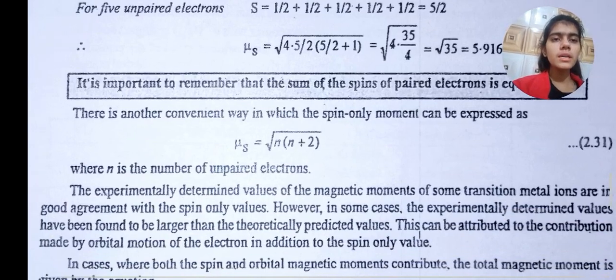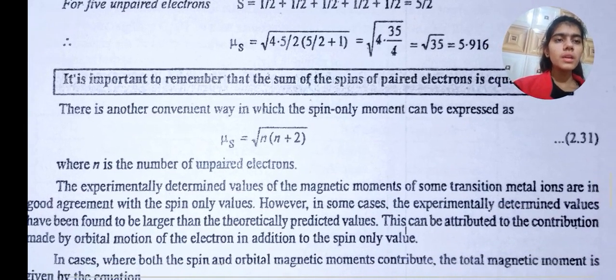The experimentally determined values of the magnetic moments of some transition metal ions are in good agreement with the spin-only values. However, in some cases, the experimentally determined values have been found to be larger than the theoretically predicted values. This can be attributed to the contribution made by orbital motion of the electron in addition to the spin-only value.